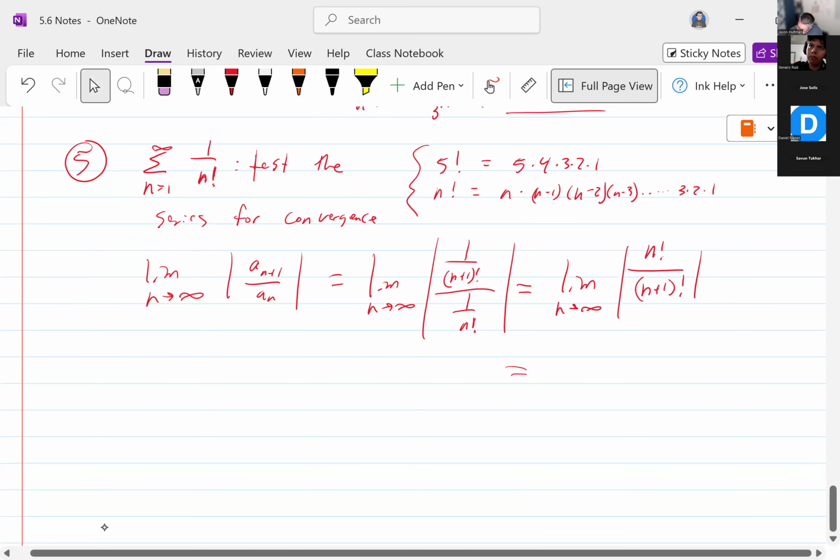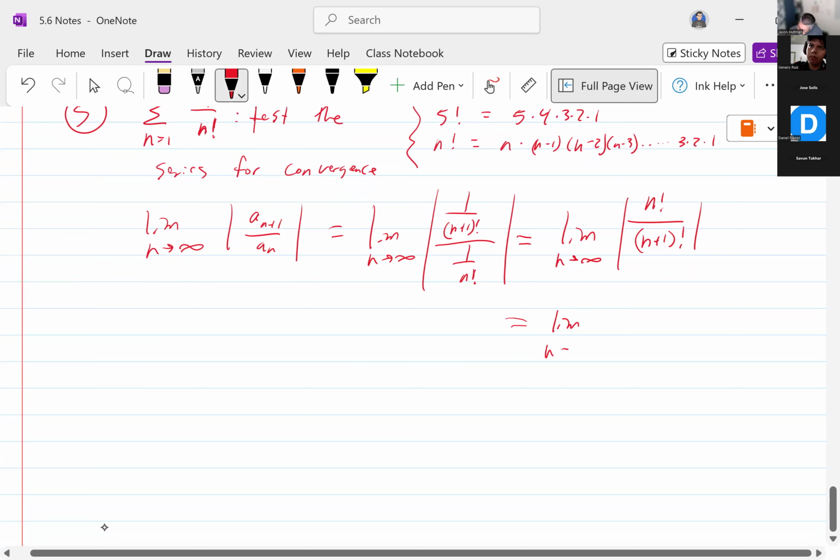So this equals the limit as n goes to infinity of n times n minus 1 times n minus 2 dot, dot, dot, 3, 2, 1. That's what n factorial means. This here is going to be n plus 1 times n minus 1 times n minus 2 dot, dot, dot, 3, 2, 1.